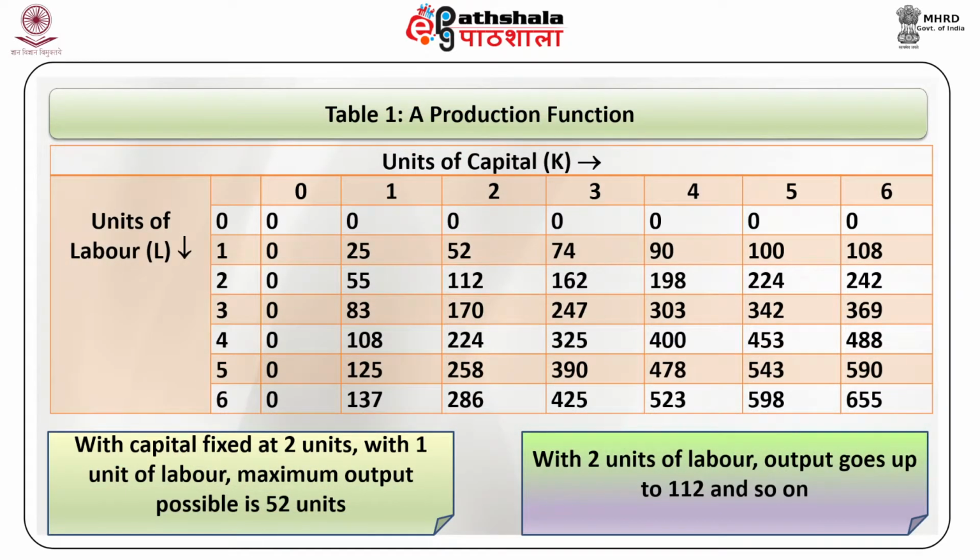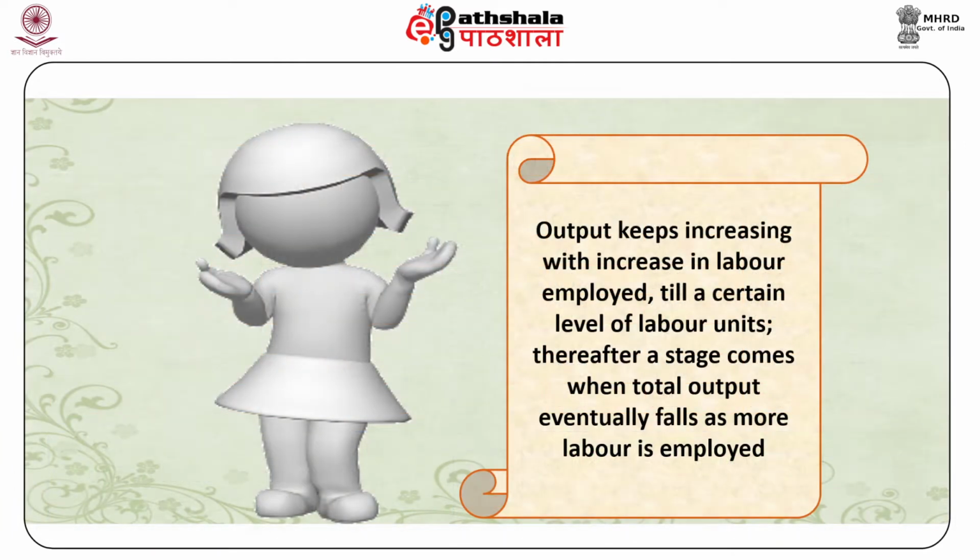Using table 1 once again, we see that with capital fixed at 2 units, with 1 unit of labor, maximum output possible is 52 units. With 2 units of labor, output goes up to 112 and so on. Output keeps increasing with increase in labor employed till a certain level of labor units.